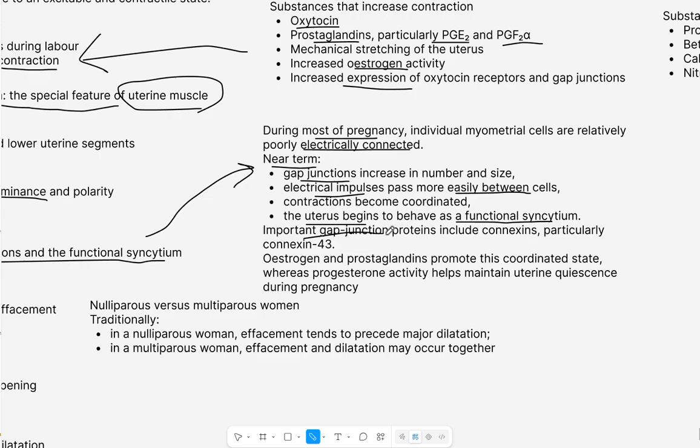Important gap junction proteins include connexins, particularly connexin 43. Estrogen and prostaglandins promote this coordinated state, whereas progesterone activity helps maintain uterine quiescence during pregnancy. So progesterone and estrogens are doing the complete opposite thing, right?